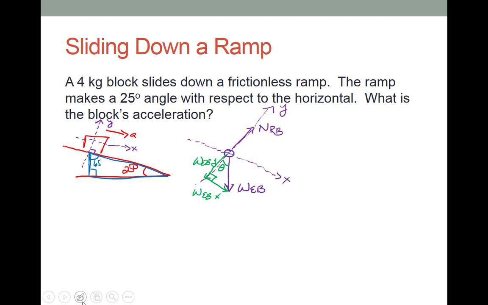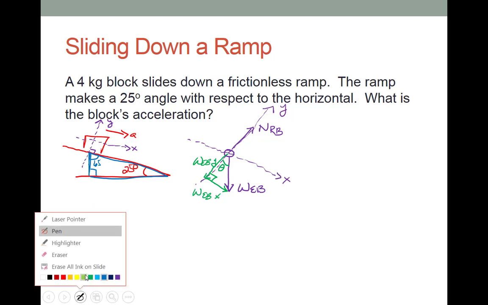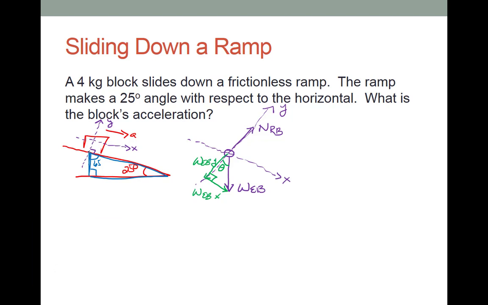Now, let's switch colors again. Let's go with black. Now I have a right angle here, because the y-axis was by definition perpendicular to the surface, and I'm following the surface with the other piece.